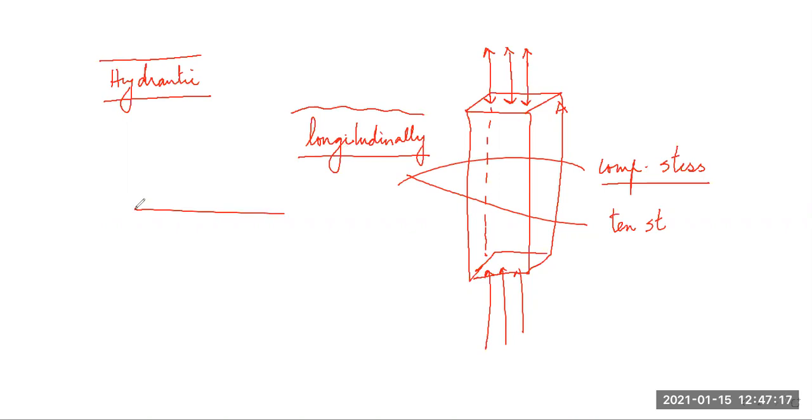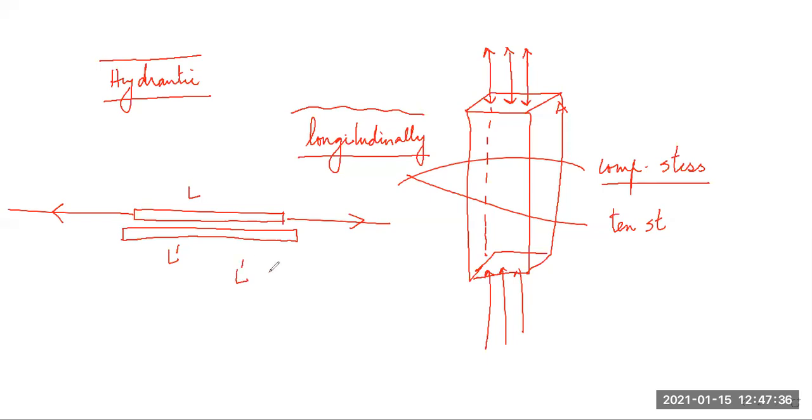When you apply tensile force, you're trying to stretch the body, to elongate the body. So the final length of the body will be this, it will elongate. This is L dash, original length was L, final length minus original length, that is delta L, which as you can see is positive in case of tensile stresses. But only thing you have to remember, tensile stress is a normal stress only when the forces are applied perpendicular to the area.